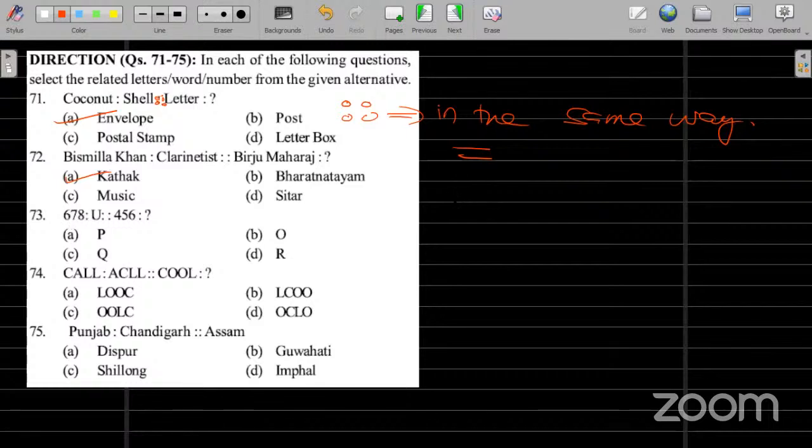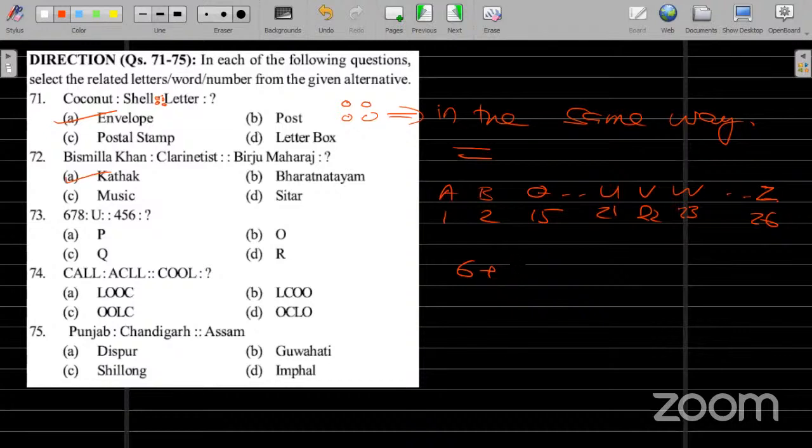If you consider the letters in the English alphabet, A is 1, B is 2, O is 15, U is 21, V is 22, W is 23, and it goes on like that, Z is 26.